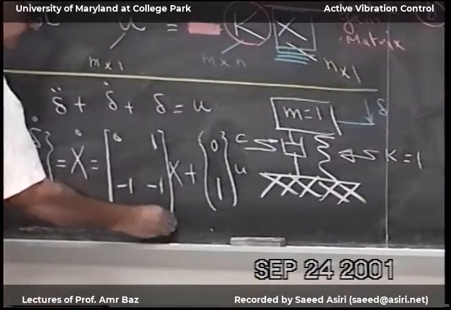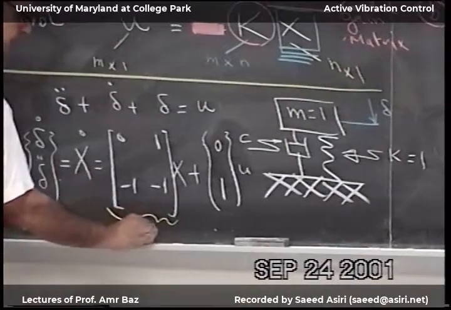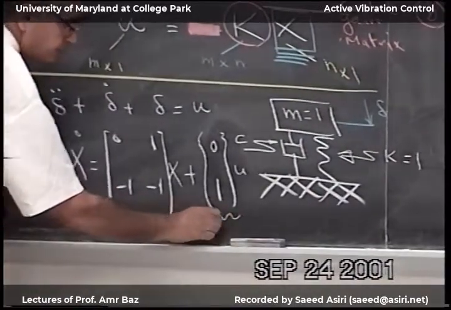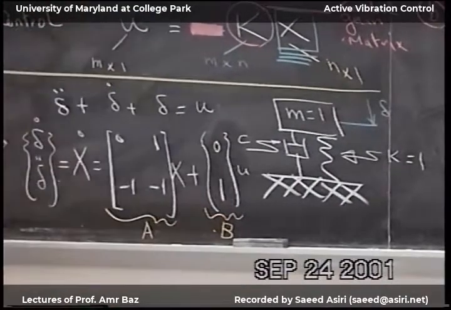This is our A matrix and the B matrix of the system.